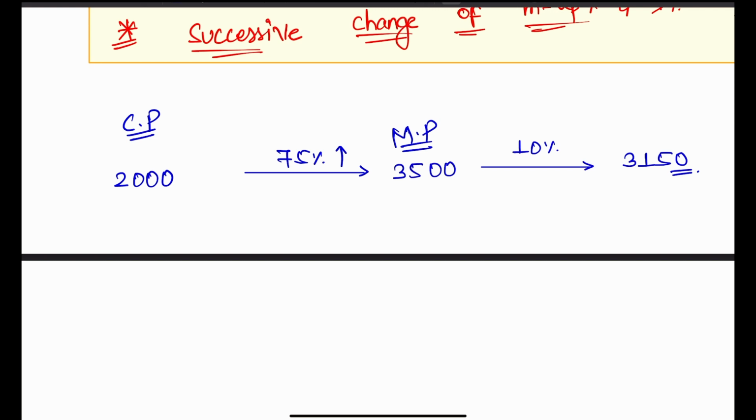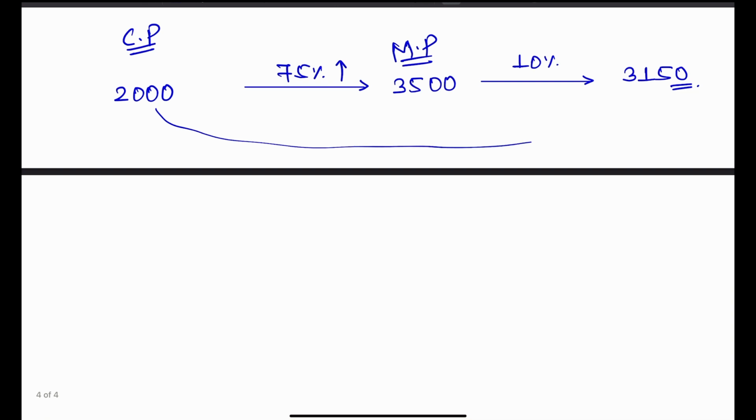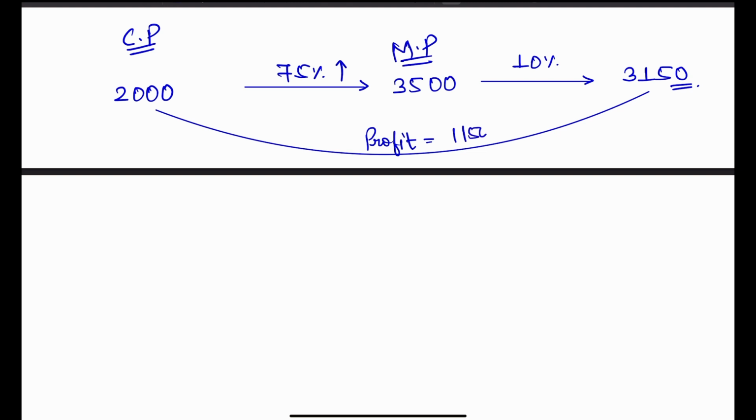So eventually how much is he making? He is making a profit of 1150 on 2000, and in percentage terms it will be 57.5% profit.